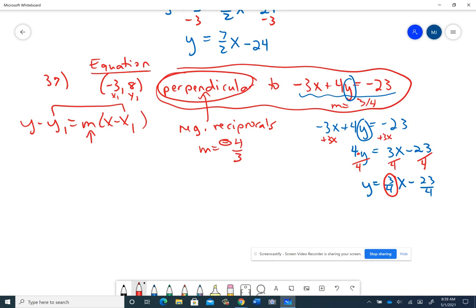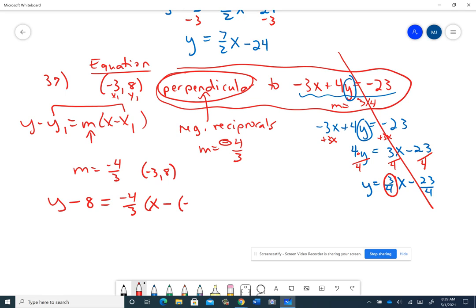Okay, then what you got to do is you got to let that go. You're done with it. And you're going to take the slope of -4/3 and the point you were given, and you're going to work on plugging it in to the y minus y1. So y minus 8 equals the slope times x minus -3. Okay.